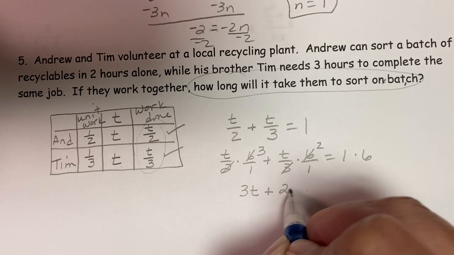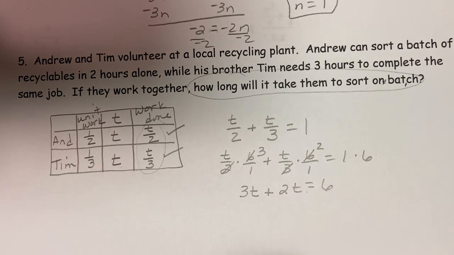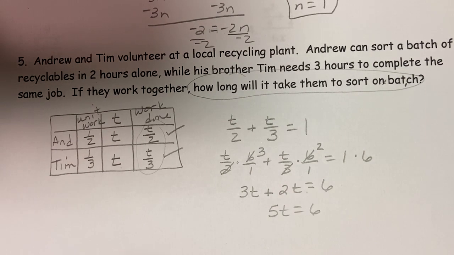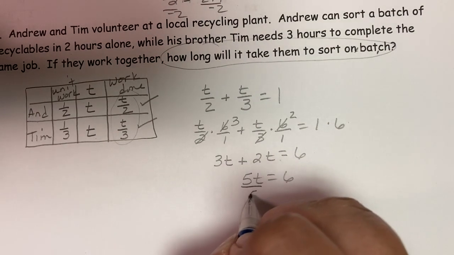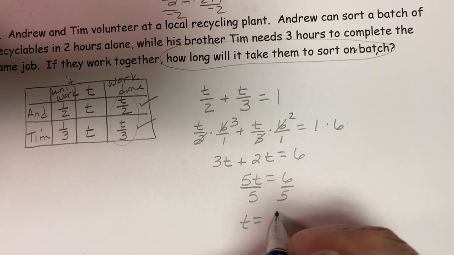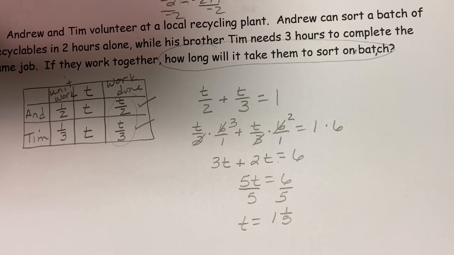So that leaves me 2 times T is equal to 1 times 6 is 6. 5T is equal to 6. And if I divide both sides by 5, I get T equals 6/5, which is 1 1/5.